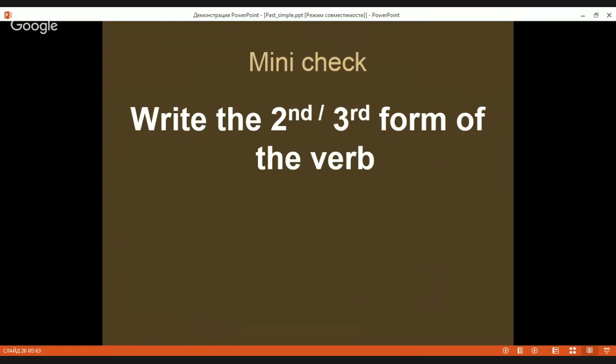So let's do the mini check of the second and the third form of the verbs, and at the same time I will show you a small algorithm, a small trick on how to remember them better, because we all agree that a long list of verbs without any logic, without any structure or algorithm, is quite difficult to learn.